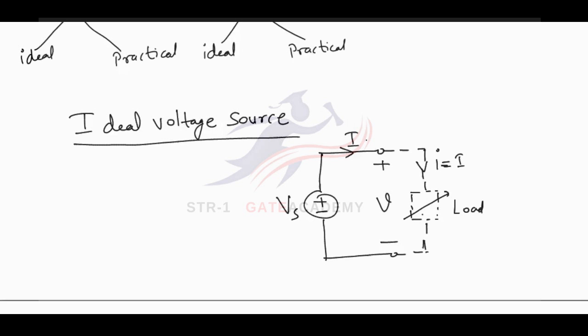Now if I plot the VI characteristics, the characteristics of voltage versus current, this is my load voltage V and load current I. I'm plotting a graph between load voltage V and load current I. So I'll get a straight line.